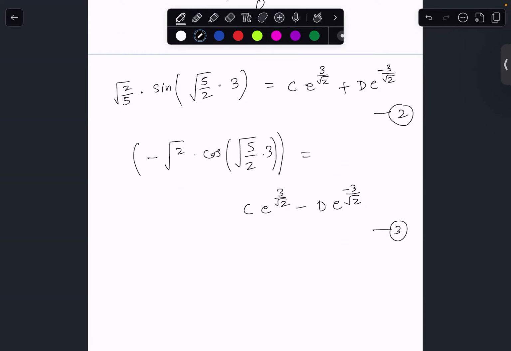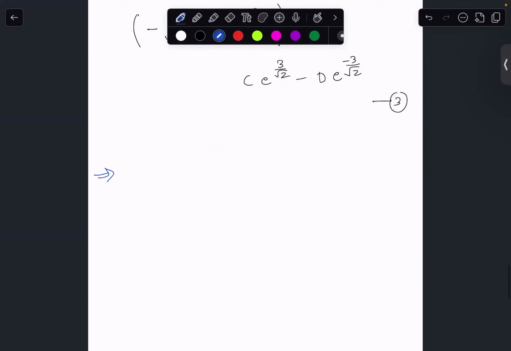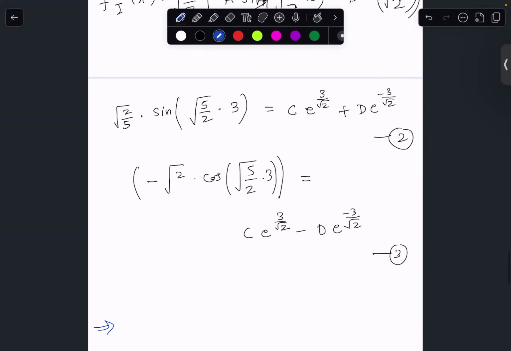So I just have minus square root of 2 times cos of this constant plus square root of 2 upon 5 times sine of this constant. Therefore, let me write the right hand side on the left hand side.